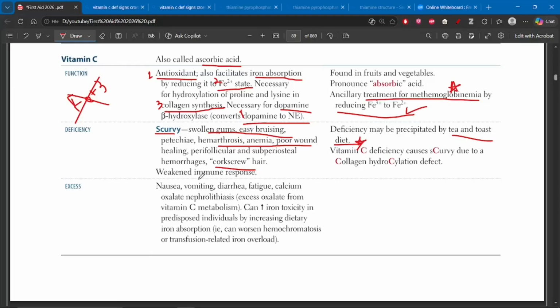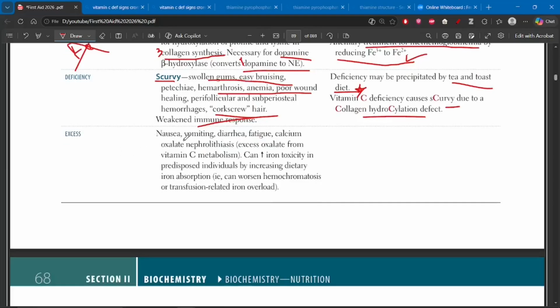Deficiency of vitamin C can lead to a weakened immune response. Vitamin C deficiency can cause scurvy, and this is another mnemonic. Excess of vitamin C can cause nausea, vomiting, diarrhea, fatigue, and calcium oxalate stones. Excess oxalate comes from vitamin C metabolism, so it can cause kidney stones and can also increase iron toxicity in predisposed individuals by increasing dietary iron absorption.